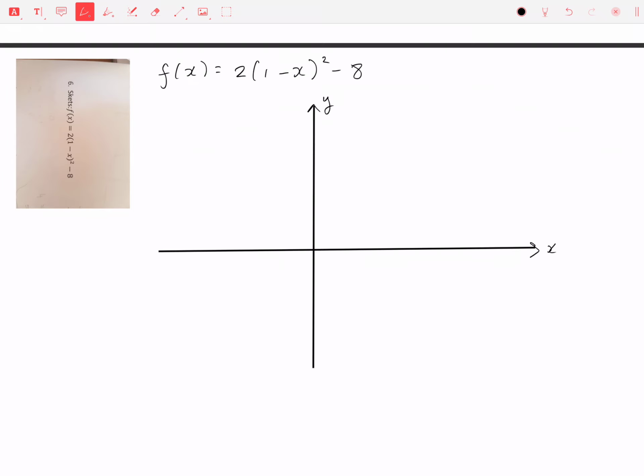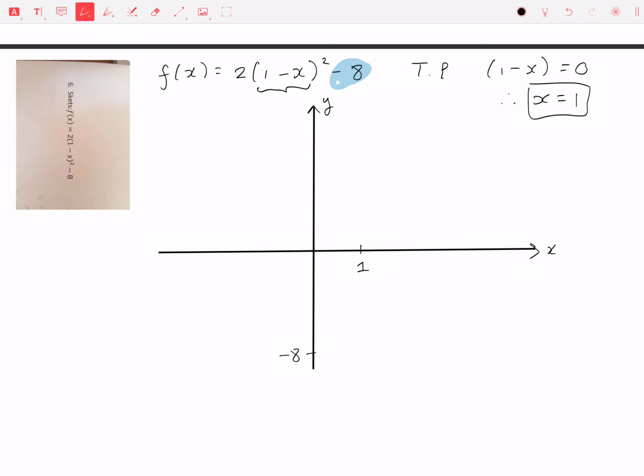So, for the turning point, how do I do it again? I need to set the brackets equal to 0, so 1 minus x equals 0, therefore x equals 1. So the turning point x coordinate is 1, and the y value is given by your q here, negative 8, and there is your turning point, 1, negative 8.